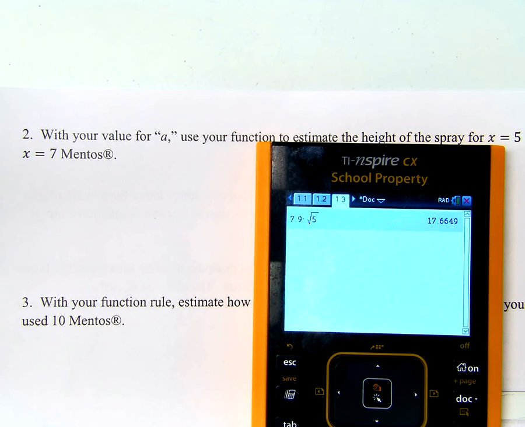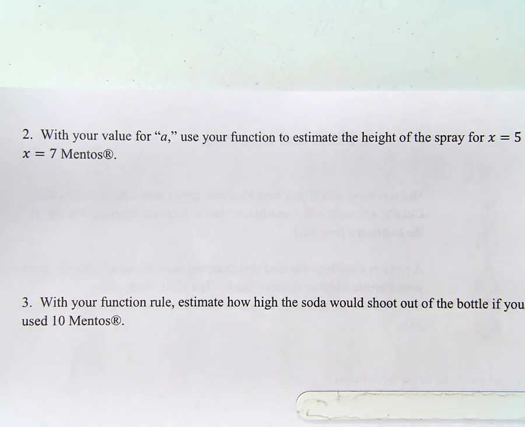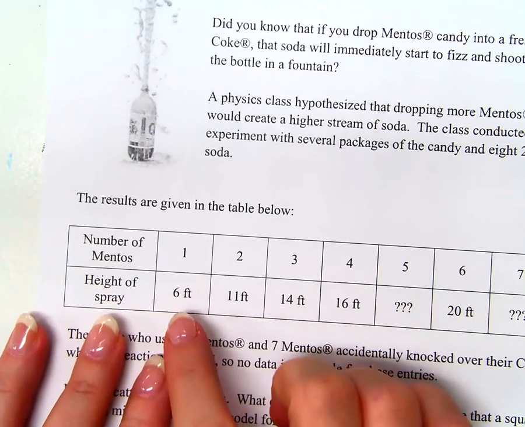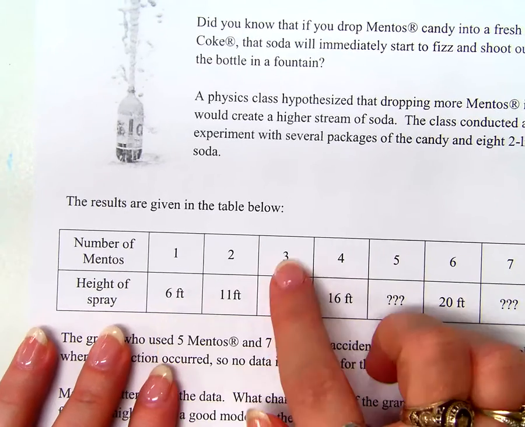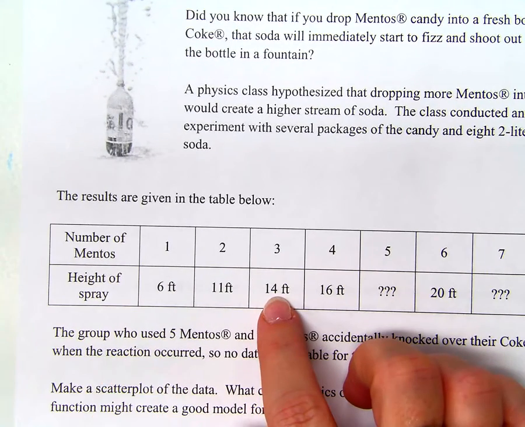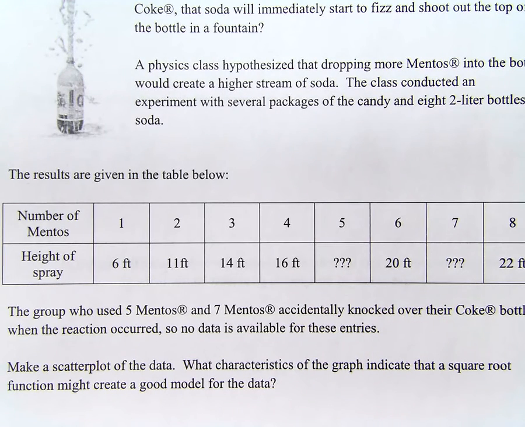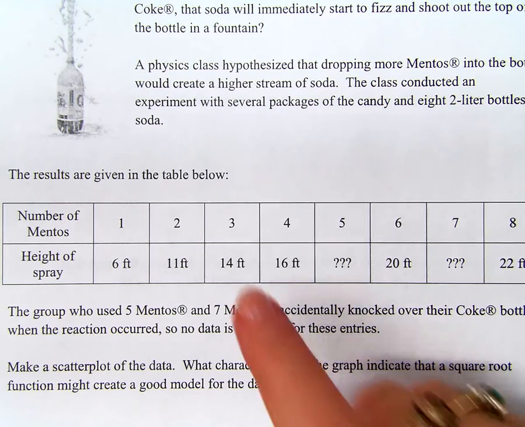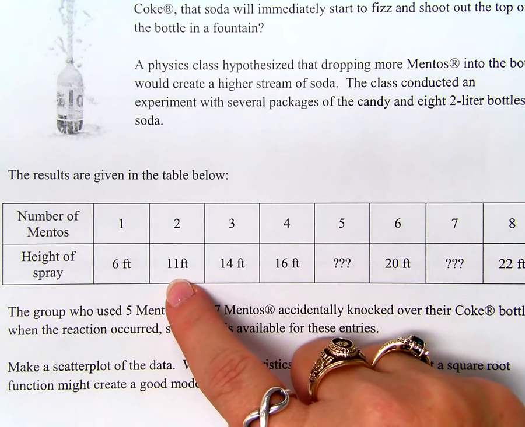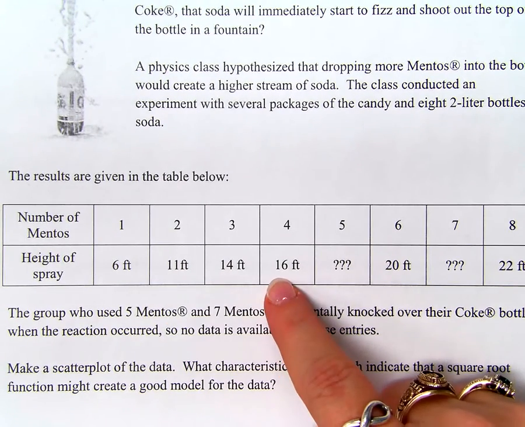We thought to ourselves, when I look at this data on the front of this worksheet, it said 1 Mentos was 6 feet. 3 Mentos were 14 feet. Do you guys actually think that these physics students got one of those high-speed, super slow-mo cameras that could do frames at a time, and they inspected each frame to see exactly how high it went, and it went exactly 11 feet and exactly 16 feet?